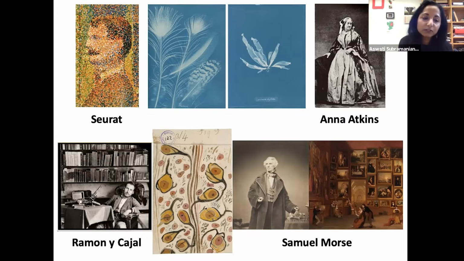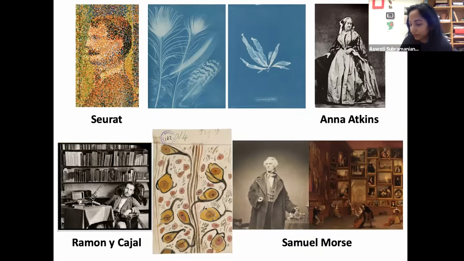On the other side, we also have artists such as Georges Seurat, as you can see to the left, who used pointillism, a very scientific and technical way of communicating his art. And then we have cell biologists or neuroscientists such as Ramon y Cajal, who used art to communicate his science of the visual system that he was studying.